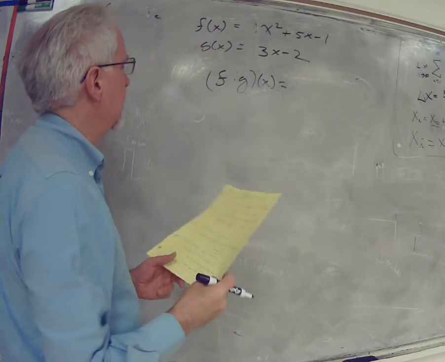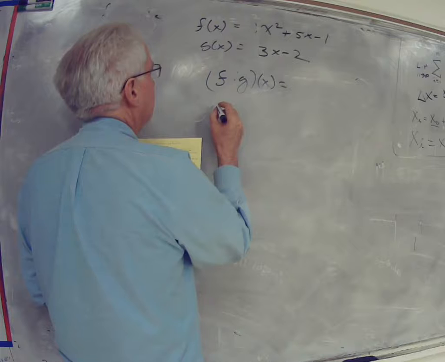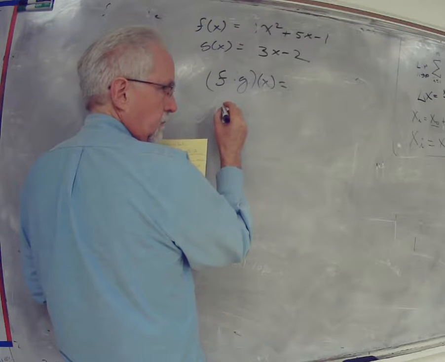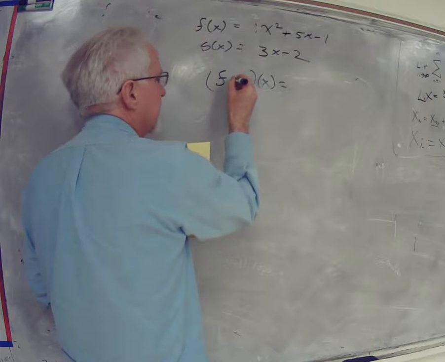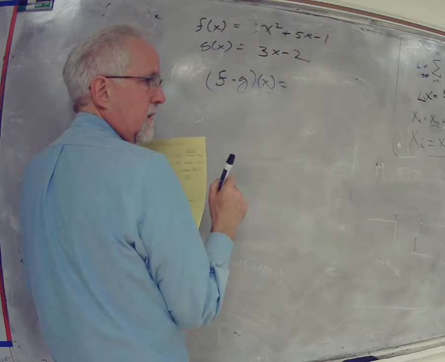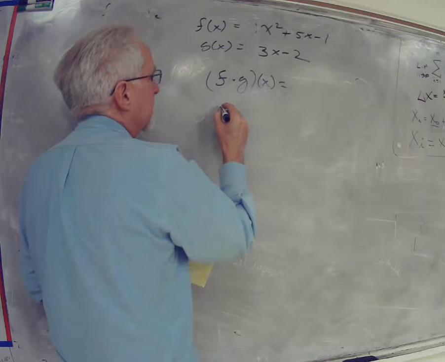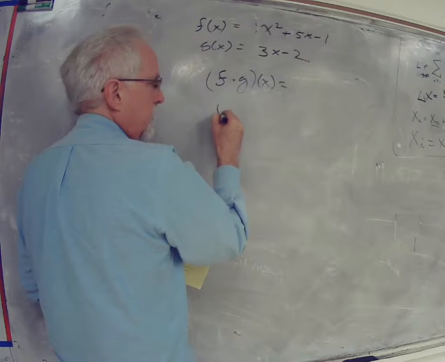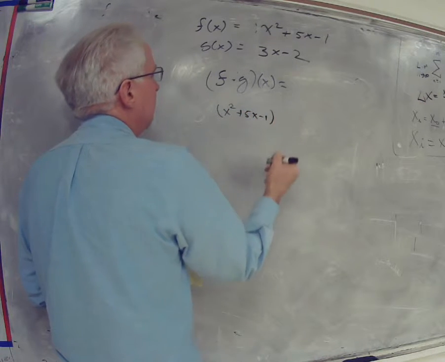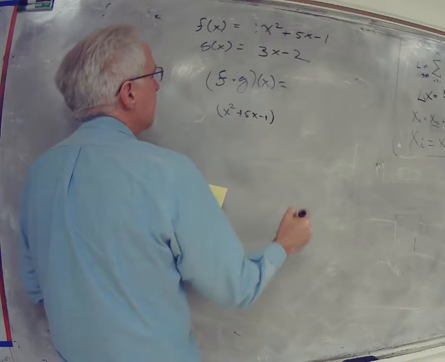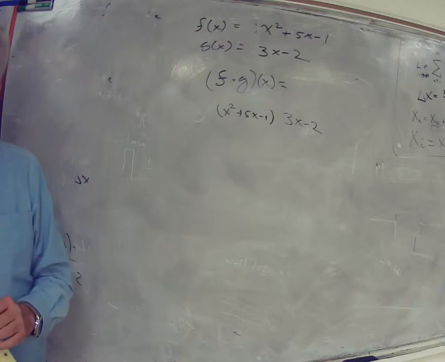What would that be, Mario? What am I doing? f times g. It's f of x times g of x. So what's f of x? f of x is x squared plus 5x minus 1. And I multiply with what? 3x minus 2.